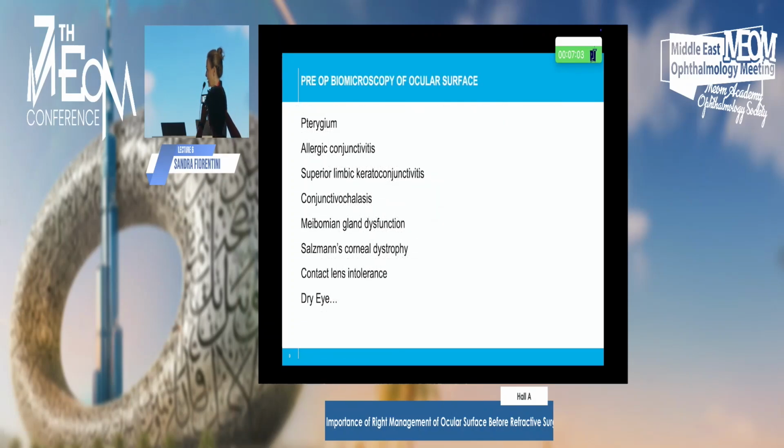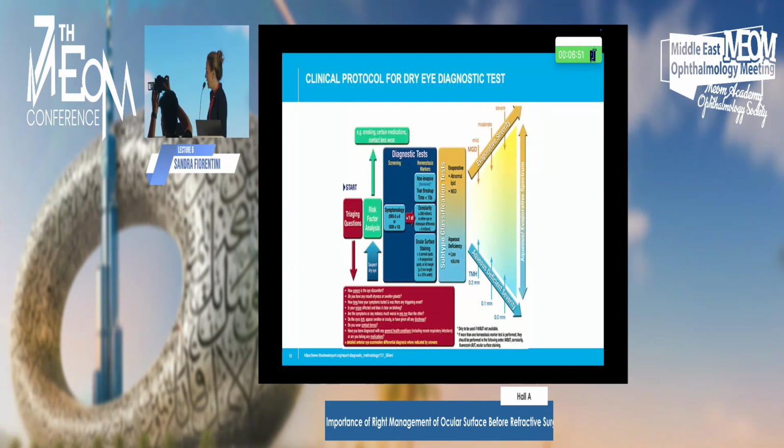Then comes the biomicroscopy, where we have to rule out pterygium and inflammation related to other ocular surface problems. And if the patient has some degree of dry eyes, it's important to differentiate whether it's mostly evaporative or mostly aqueous deficiency. Then we can address it accordingly.